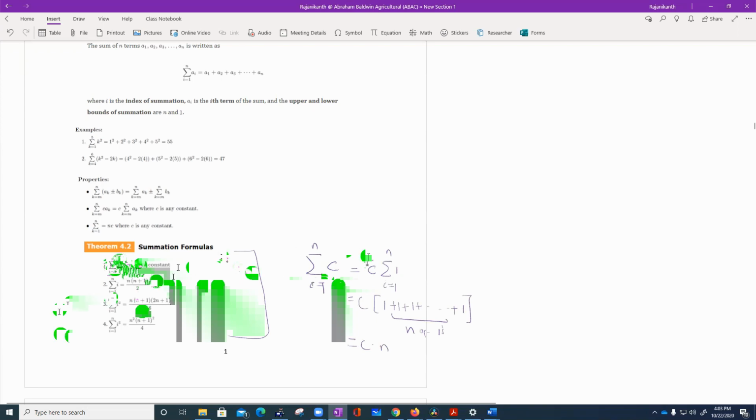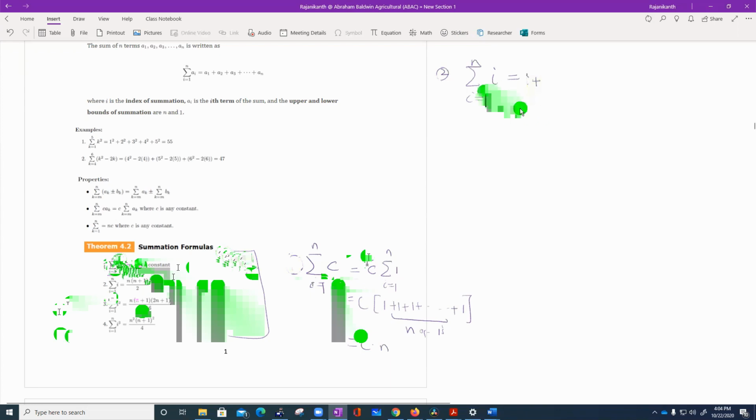This is rule number one. Rule number two says, the summation for n times of i, that means what? If i is 1, you will get the first term, which is 1. Then you add the second term, i equals 2.